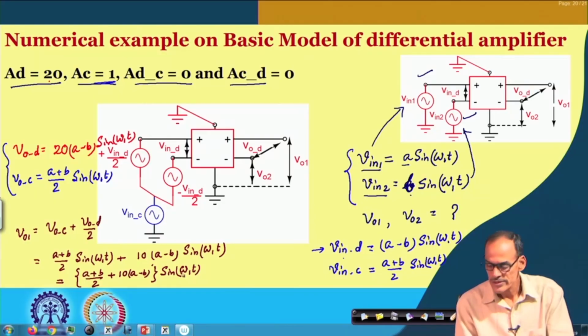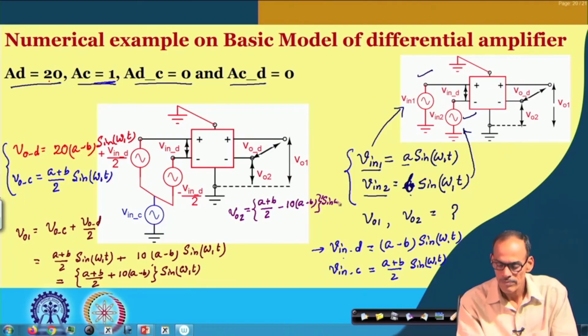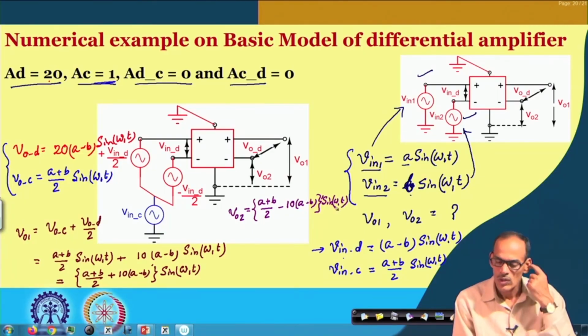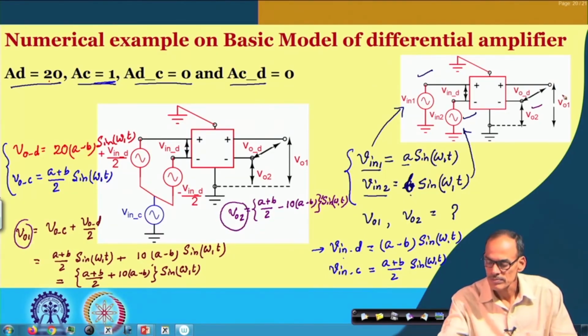Likewise you can get V O 2, that is A plus B by 2, the common mode part, and then minus 10 A minus B into sin omega. So, that is how we can get the individual signals at the output.